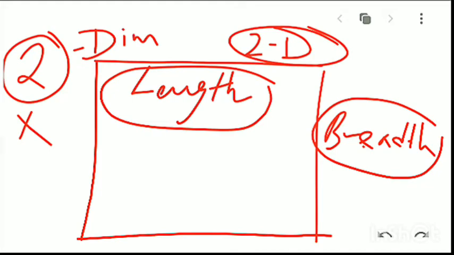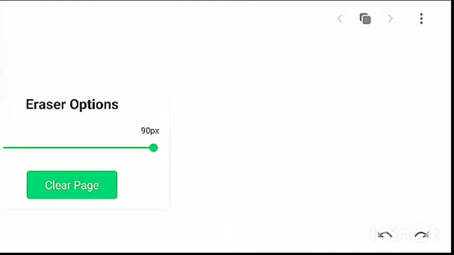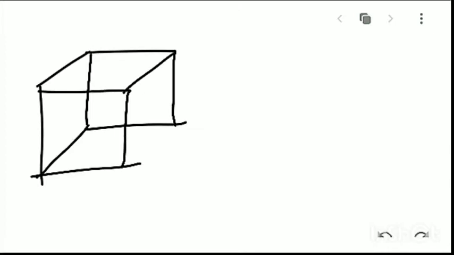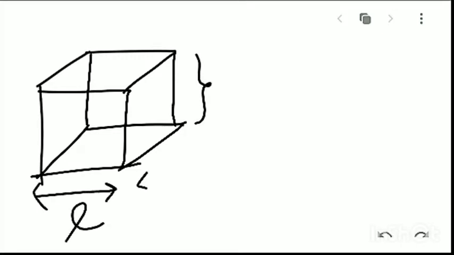And furthermore, if I think about a cube or cuboid, they have all three coordinates. They have length, they have breadth, also they have height.